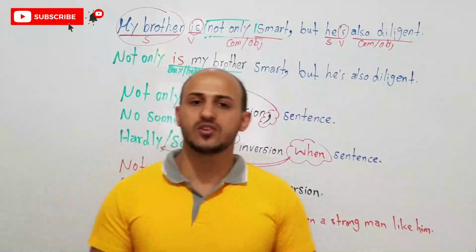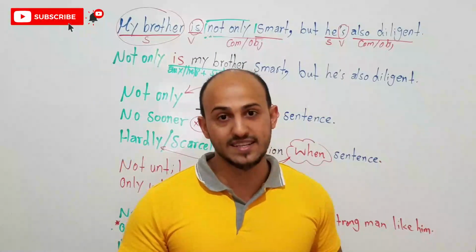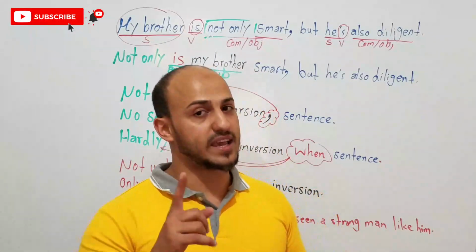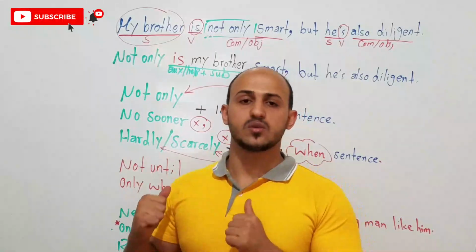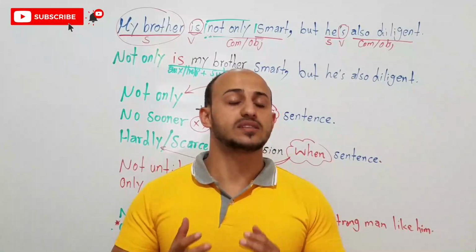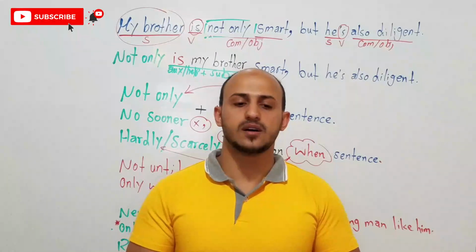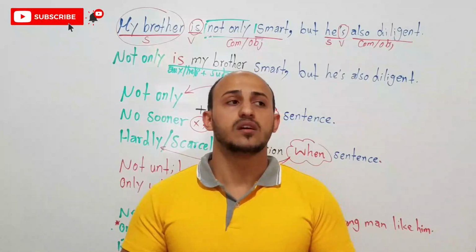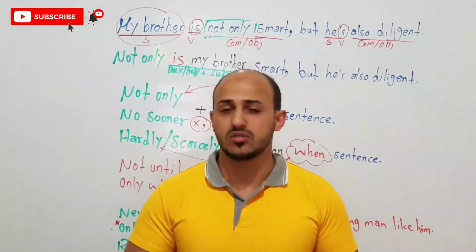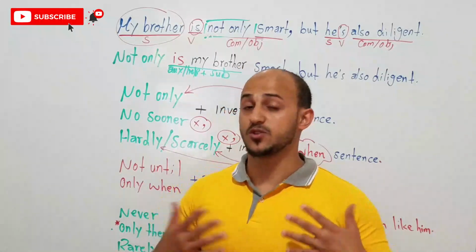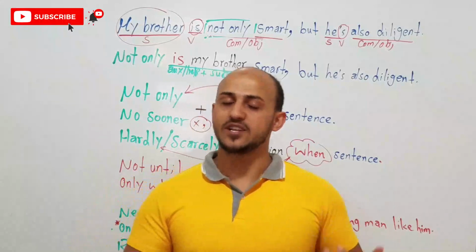Okay, so that's pretty much it, guys. Do not forget, the inversion is an amazing grammar rule, guys. And just to remind you again, use this inversion grammar to impress readers, okay? Maybe you're studying literature or translation or something like that, so you wanna show your skills. You can use the inversion.